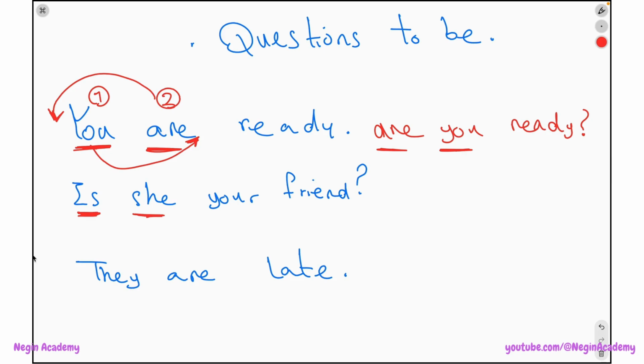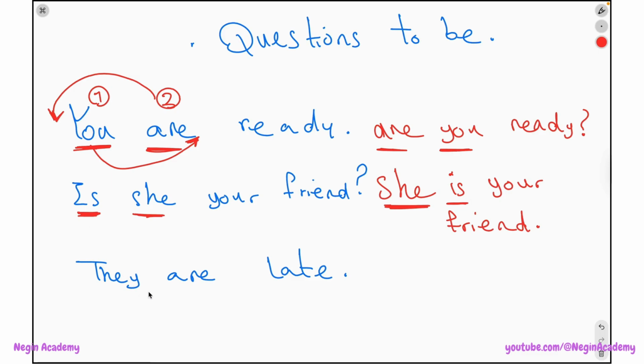How can we change it to a sentence? We just have to change the order. Like in the first example, we have to say she is your friend. This is a sentence, and this is the question, just by changing the order of the subject and the to be verb.